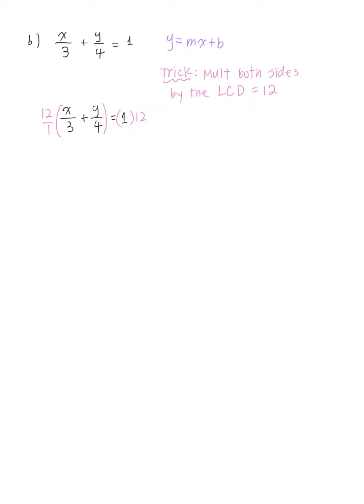Now we're going to distribute 12 to x over 3 and then plus 12 times y over 4. Let me write every step out. The first term is 12 over 1 times x over 3 plus 12 over 1 times y over 4, and that's going to equal 1 times 12, which becomes 12.